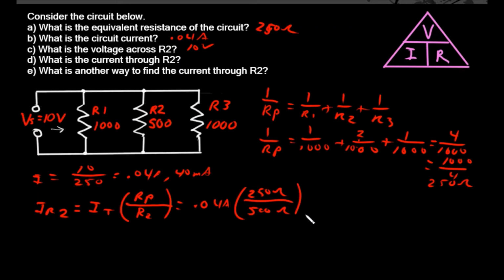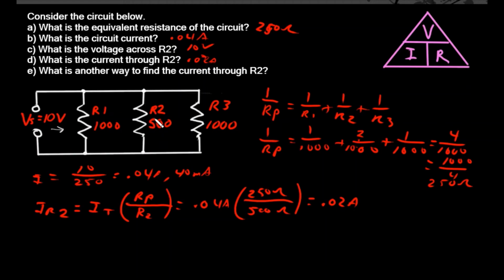So you've got 0.04 amps times 250 divided by 500, or 0.04 amps times 1/2. That's going to be equal to 0.02 amps. And that's going to be the current through R2, 0.02 amps.